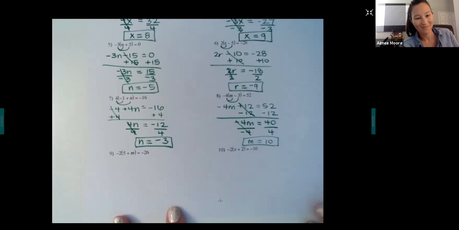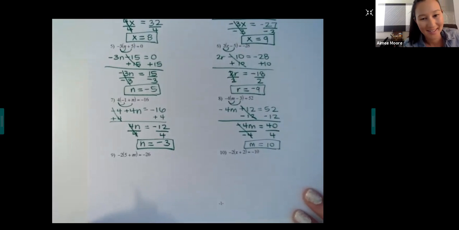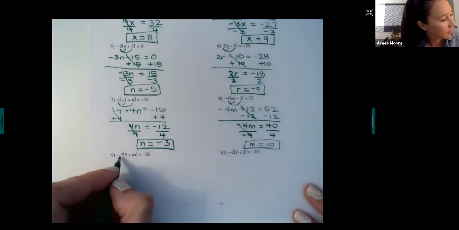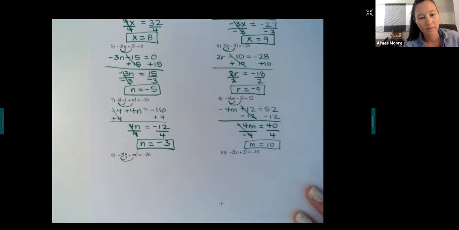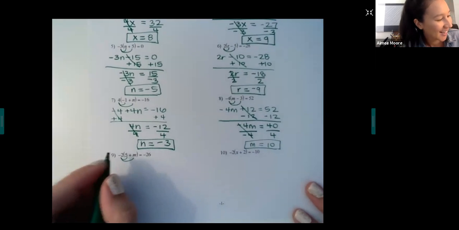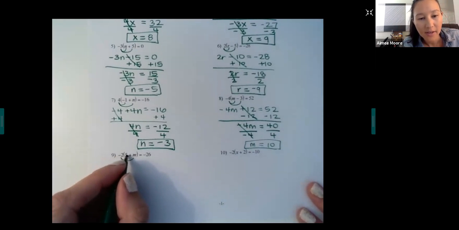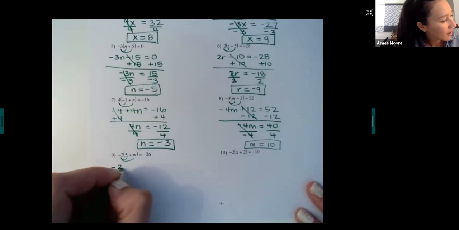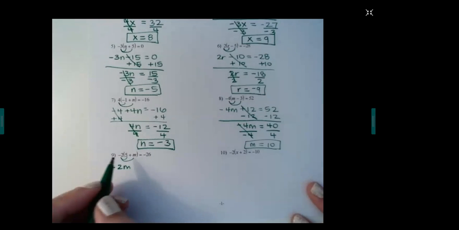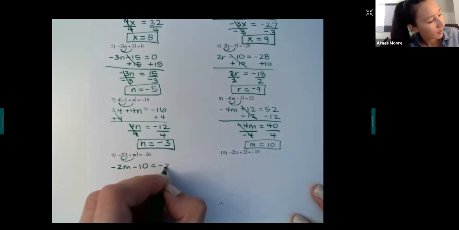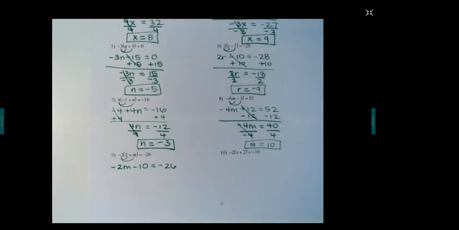Okay, so after you do your thingies, I don't know what to call them. We call them arrows. Then -2m, subtracted by 10, equals -36. I mean -26. Very good. Then what?